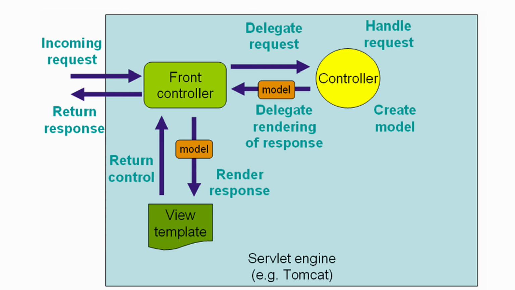Then it is passing that model to the front controller. Then the front controller is passing that model to a view template where the view is resolved and a response is returned to the front controller, and then the front controller is returning back the response. This is how MVC works.